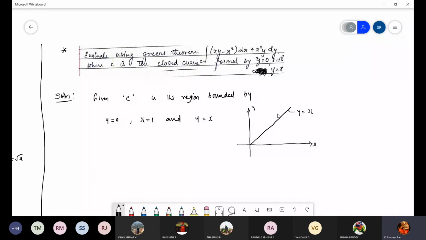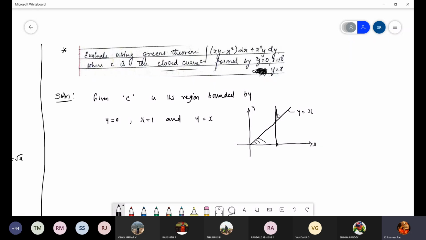So somewhere you mark the point x is equal to 1, and here you draw one line. You can extend it, because whether you go upward or downward, the x value remains the same since it is parallel to the y-axis. Y varies as positive and negative, but not x. So this is the common region.